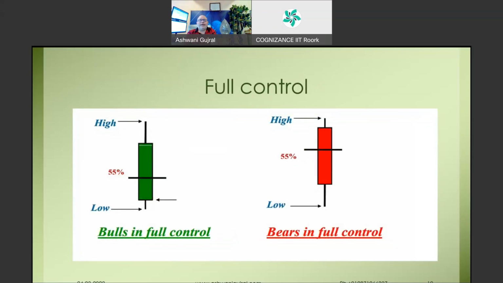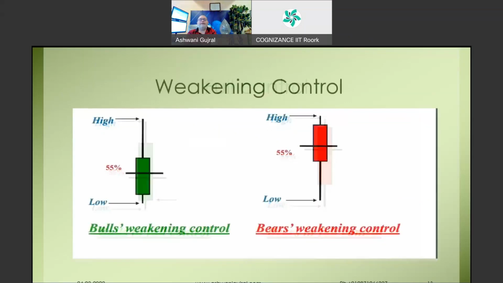These are, again, green and red bars, but the closing is not at the extreme. It's a bit off the extreme. So it is a bit worse than absolute control, but still good enough to act if you get follow through. So full control and absolute control are bars where you are able to act.